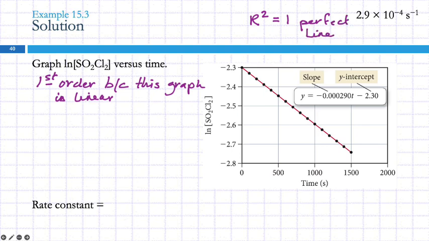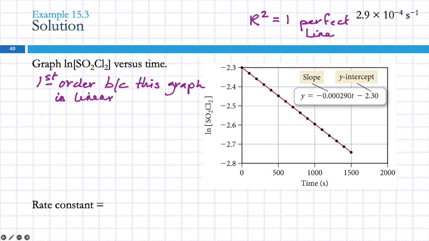So if your data matches a line perfectly, you'll get R squared of 1. If you've got something like 0.8 or 0.5, that's not a linear thing. The computer can still draw a line, but it's not linear. So you're looking for things like 0.99 or better in your lines, okay?